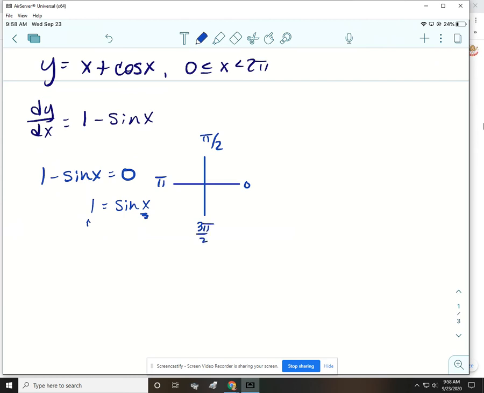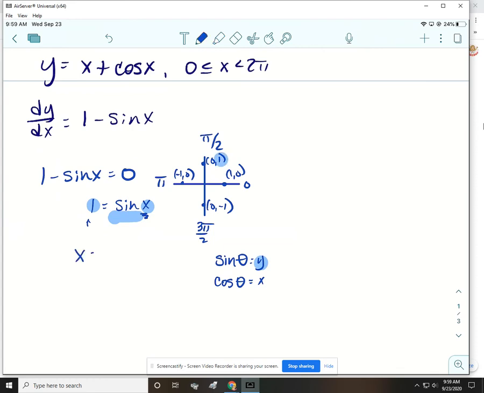Okay. So, if we went to the unit circle, we have 4 ordered pairs that we use. And if we're on the unit circle and we want to find the sine of an angle, we're looking at the y-coordinate. If we want to find the cosine of an angle, we're looking at the x-coordinate. So since we want to know what angle has a sine of 1, we want to know when the y is equal to 1.